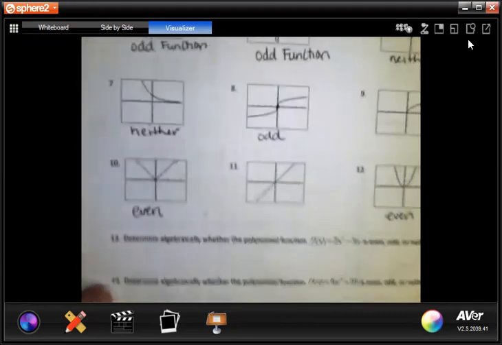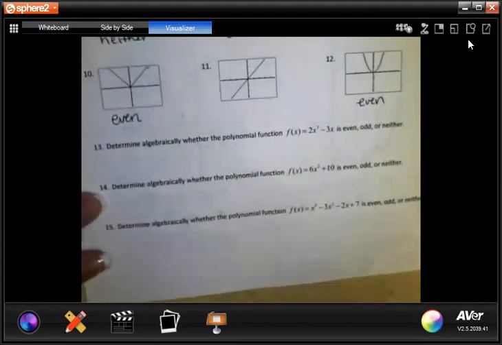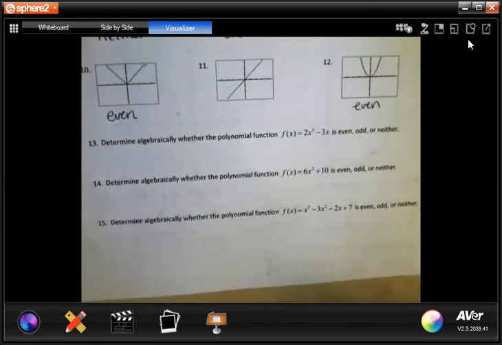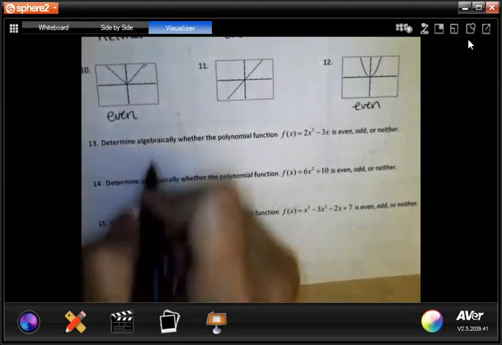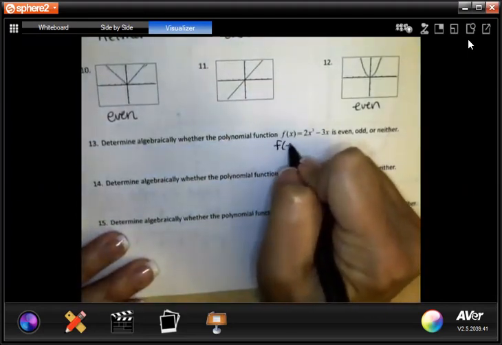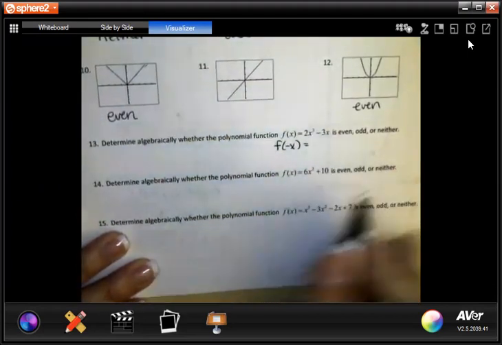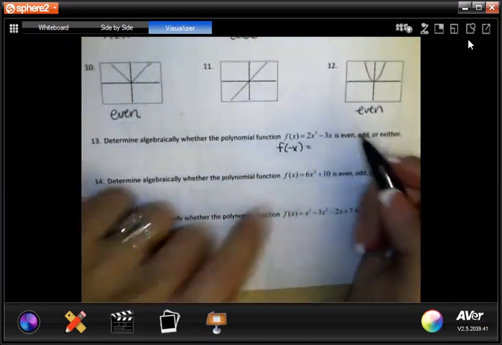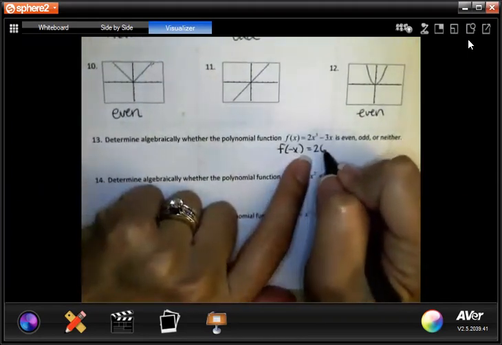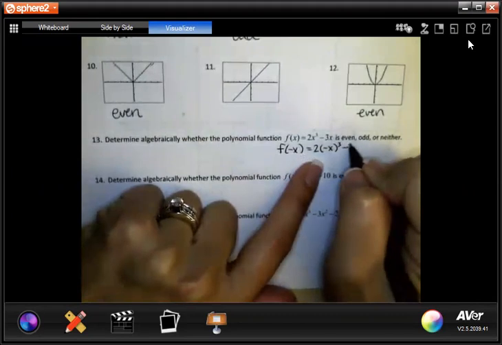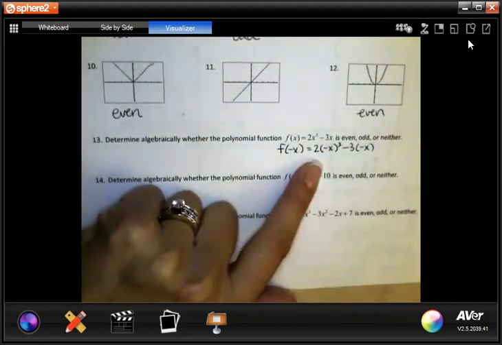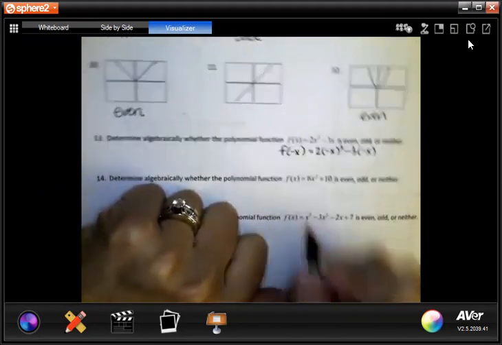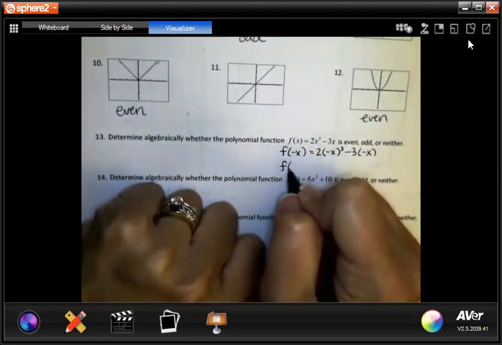Now let's talk about if they give it to you as an equation, because you're going to see that on the quiz or test. And so we said that to determine if it is an even function, it needs to reflect across the y. So if I reflected this across the y, I'm doing this negative x. So I'm going to plug in a negative x for each one of these x's, and then I simplify that.